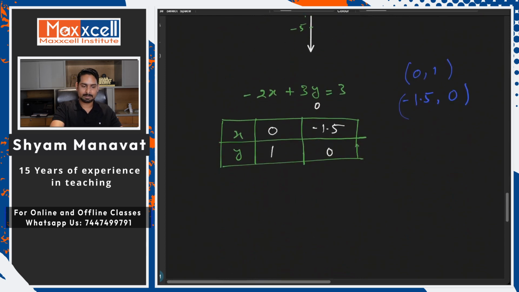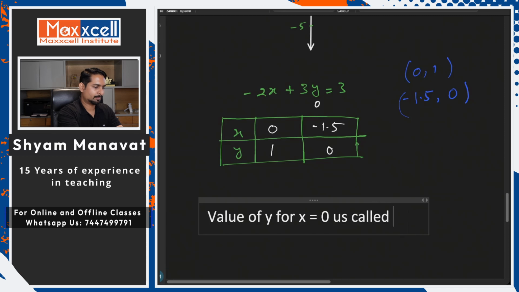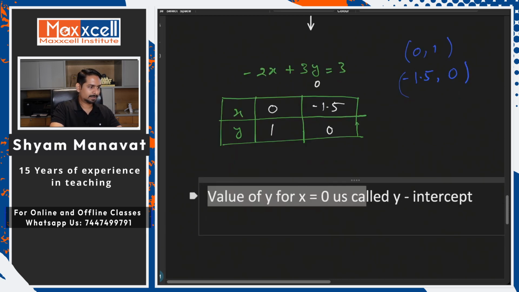Now, one more thing which you should write. For x is equal to 0, the value of y is called the y-intercept. And the same goes for the x-intercept. Note this, it is very important. I am going to use this term later.